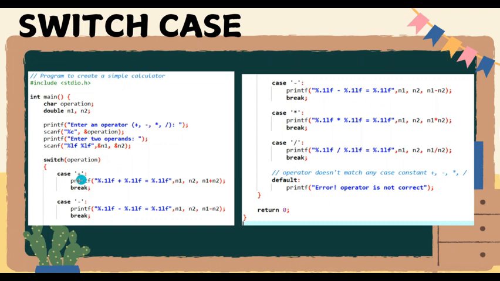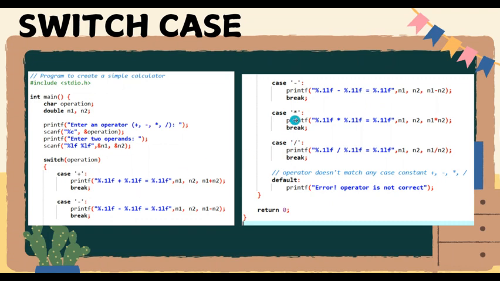It will go to the case plus and print this statement: 2 plus 3 equal to 5, and it will get out of the switch case. Like this, these cases will get executed.